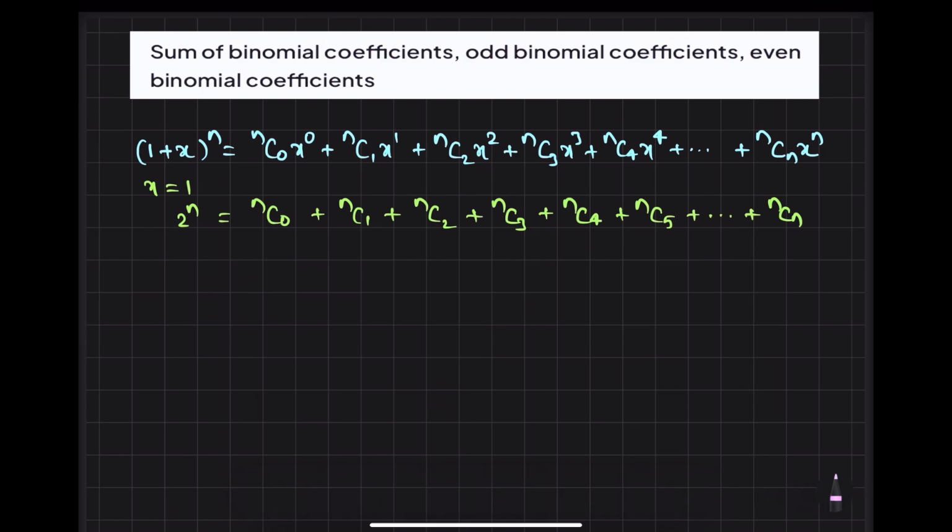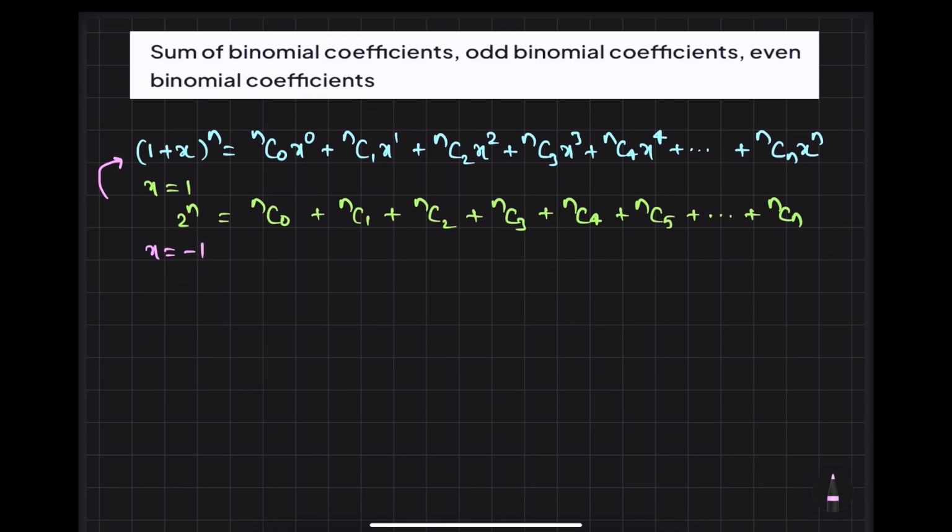Now suppose that we are interested in finding the odd binomial coefficients or even binomial coefficients. So from this equation I will assume x to be minus 1. Why?